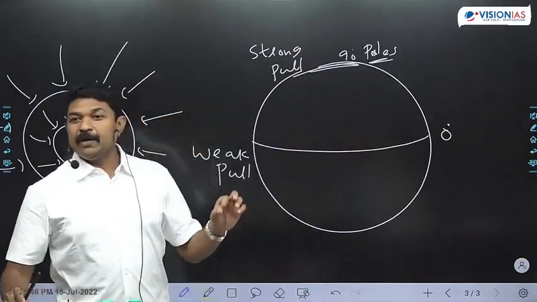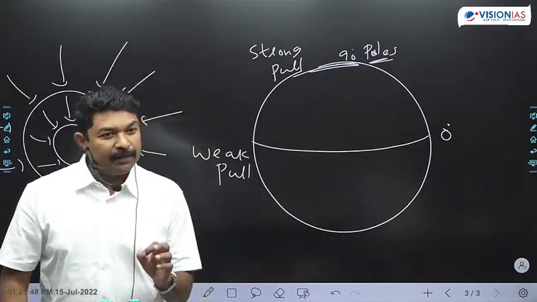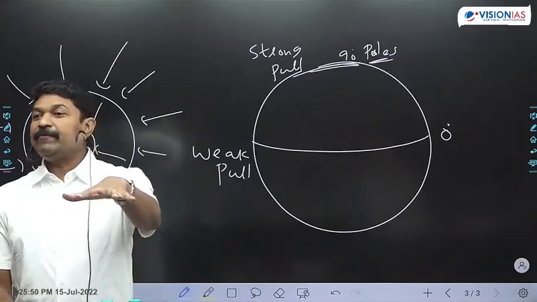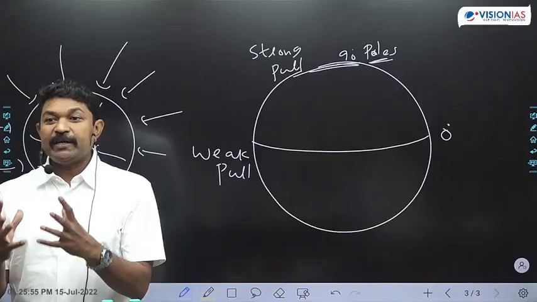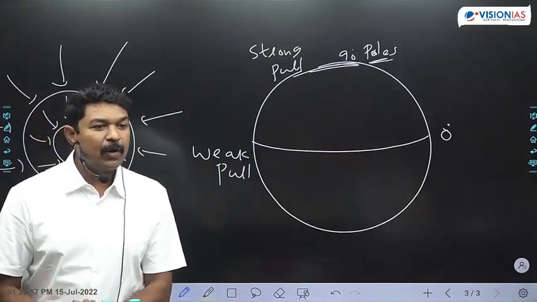What is the meaning of the weak pull and the strong pull? Nothing but the gravity is very weak over the equatorial region, and the gravity is very strong over the polar region.